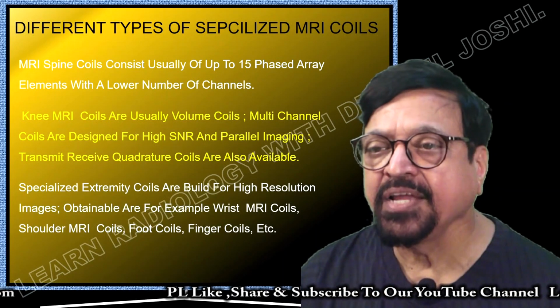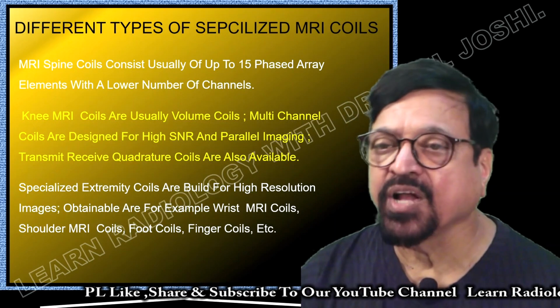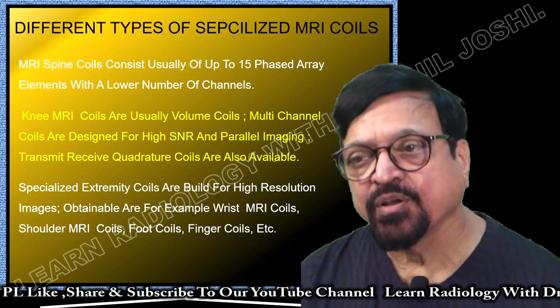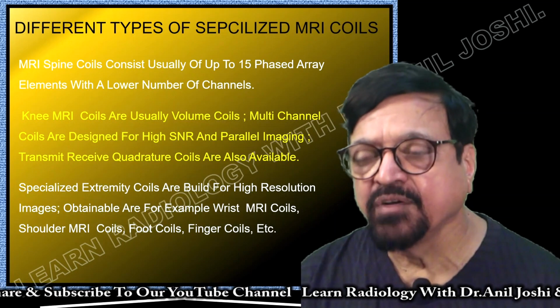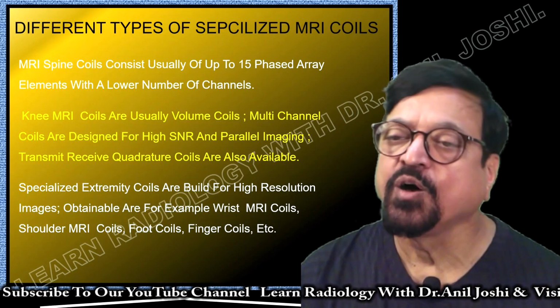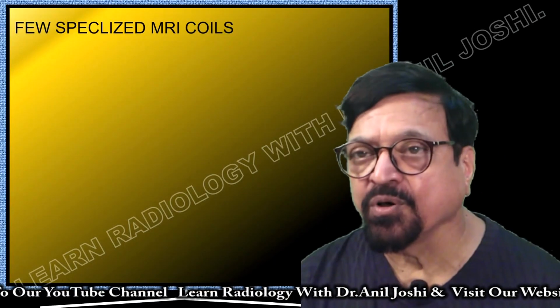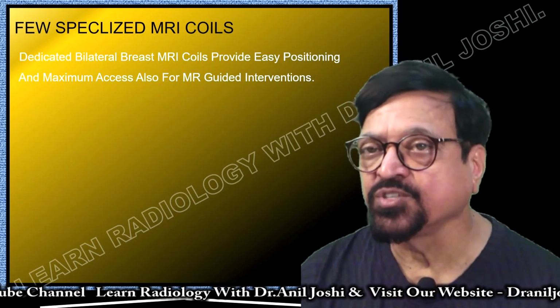Specialized extremity coils are built for high resolution images, for example, of the wrist, shoulder, foot, fingers etc. However, since the applications are not common, they are not available with all the machines, but specialized centers have all these things.